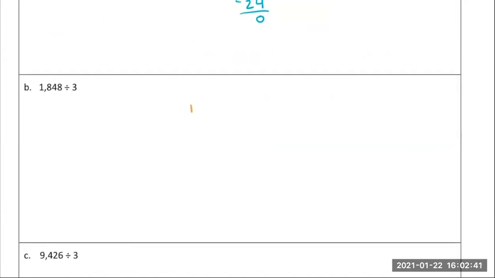One more time. Set up under our house. So we're going to start with our 1. We know we cannot divide 1 by 3. We would end up with a fraction.